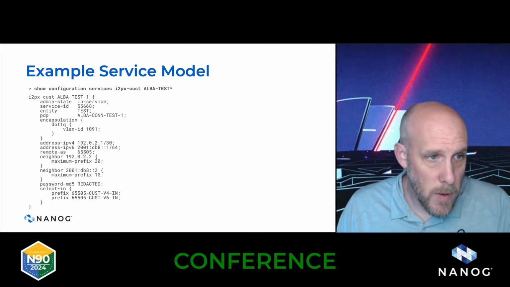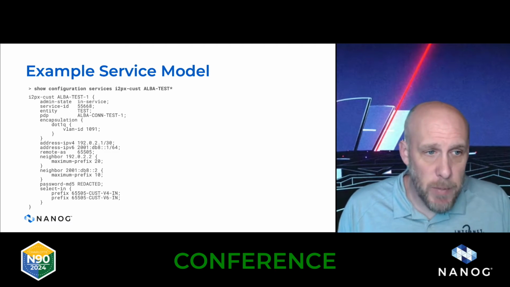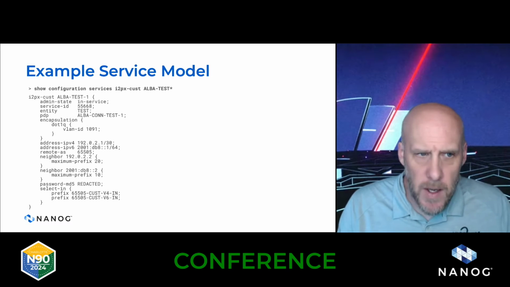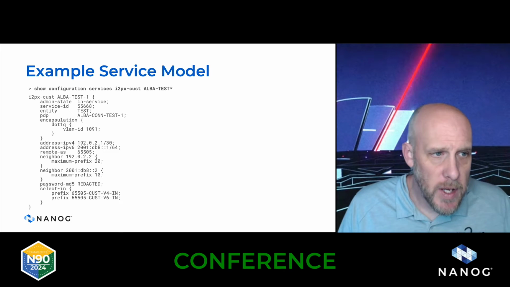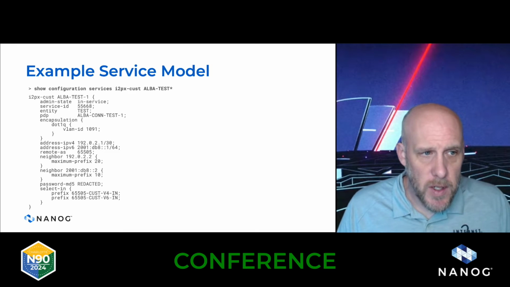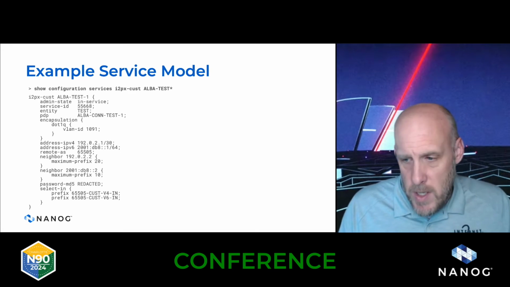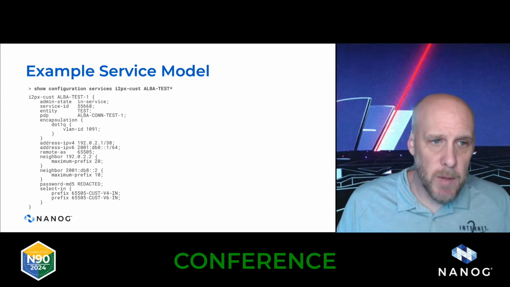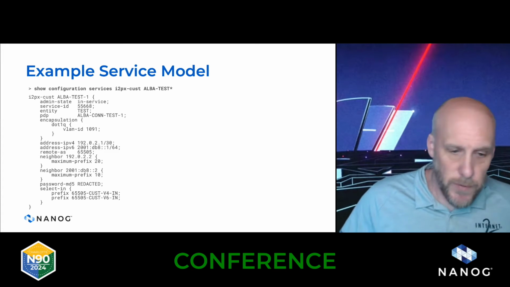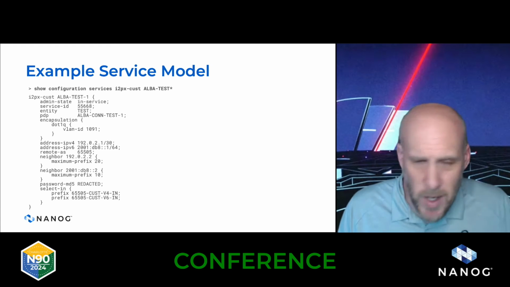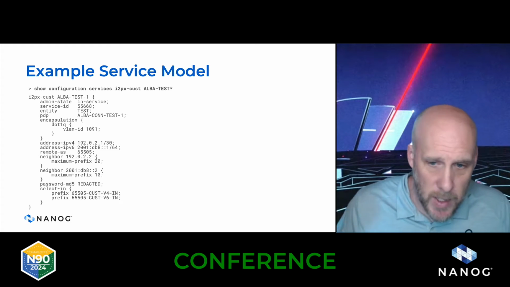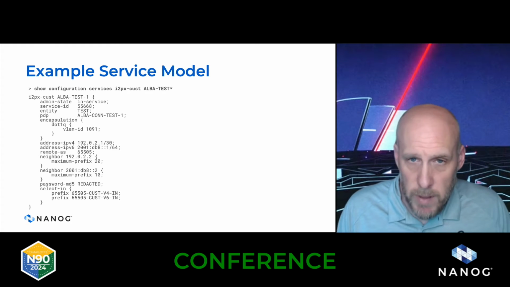All right, so this is an example service model. This is what you would see on the NSO CLI. For us, this is essentially a customer BGP peering service. But this is the data that an engineer has to think about if they're going into NSO to configure it. We'll talk a little bit later about how we can move up the stack and have a web interface on this.